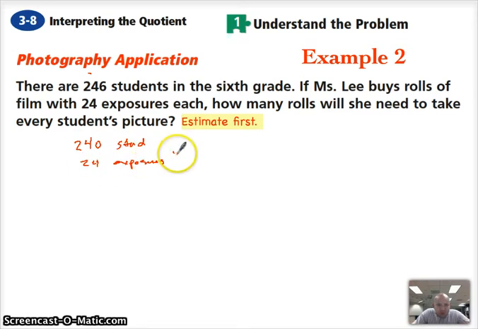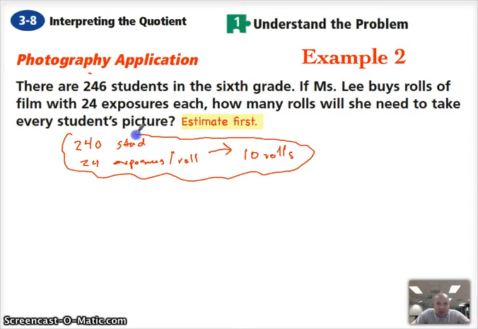So 24 exposures per roll. I know that I have 240 students, so it looks like I'm going to need 10 rolls in order to take the pictures of all the students. That's back when we used to use film, folks. 240 students, 24 exposures. It's going to take about 10 rolls.